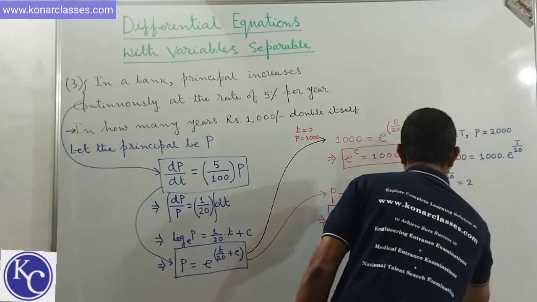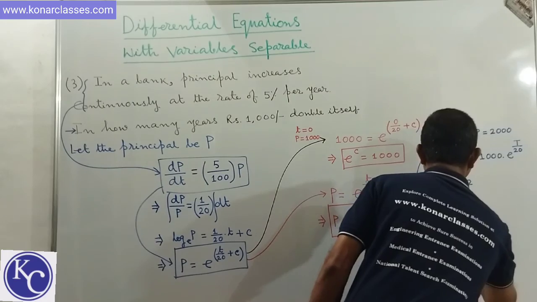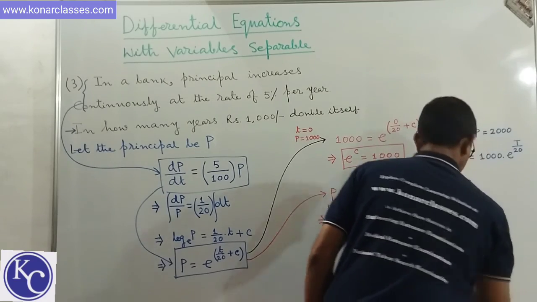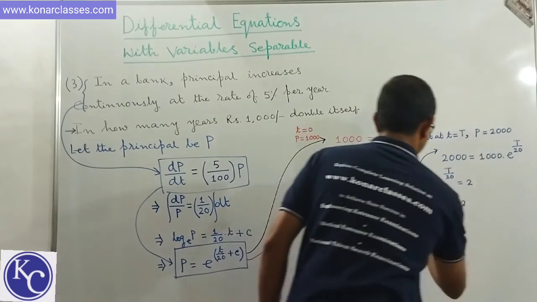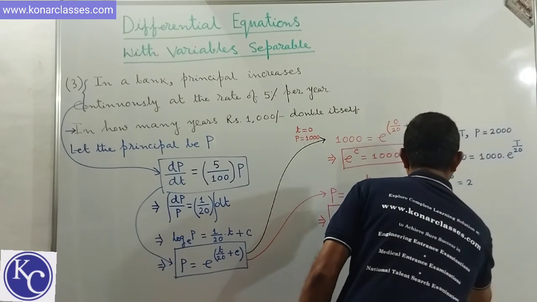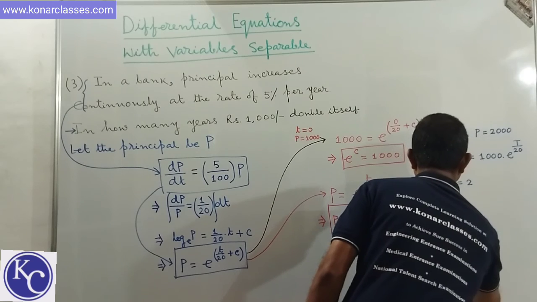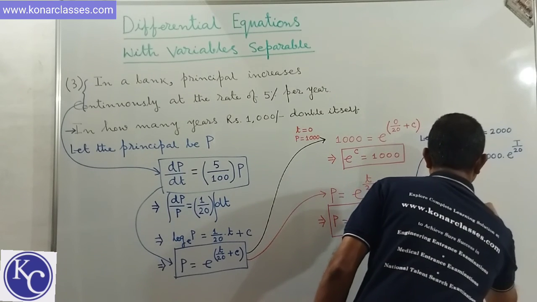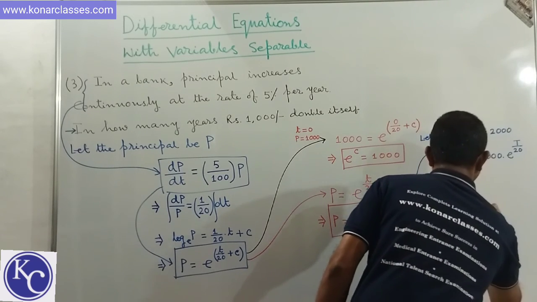So from here, let me write one step and then explain. This implies capital T by 20 is equal to log 2 base e.